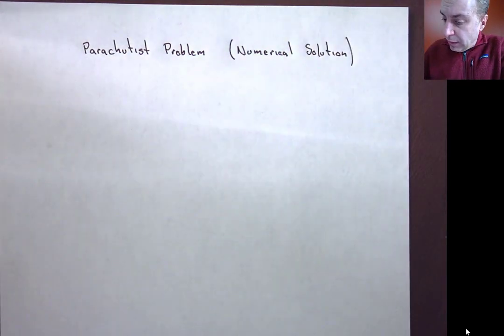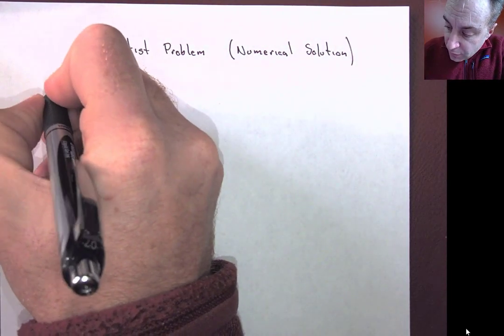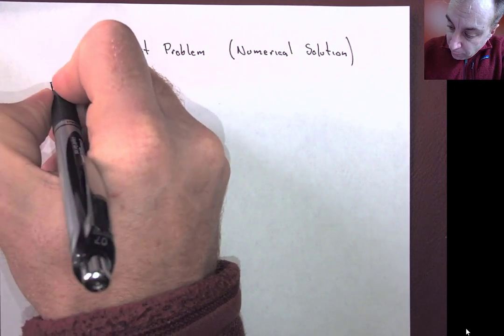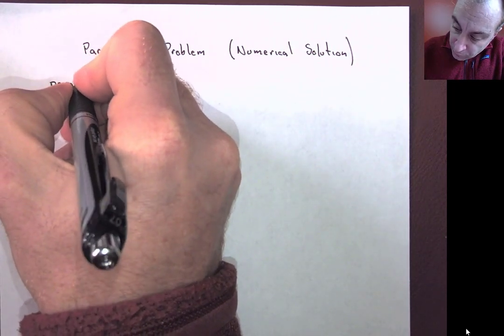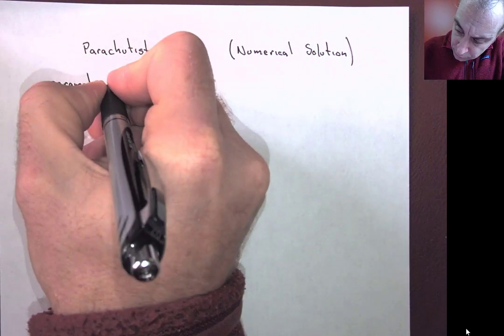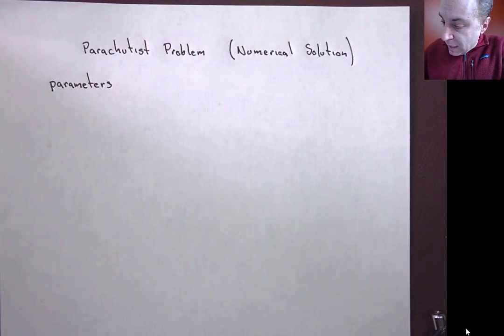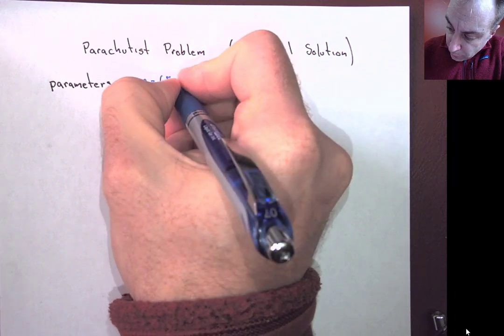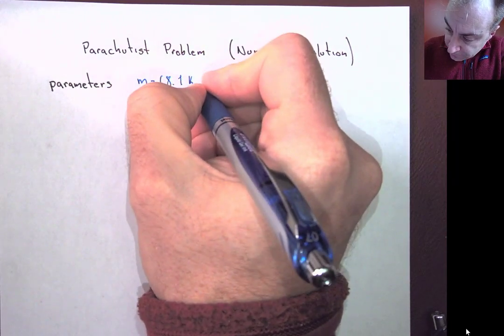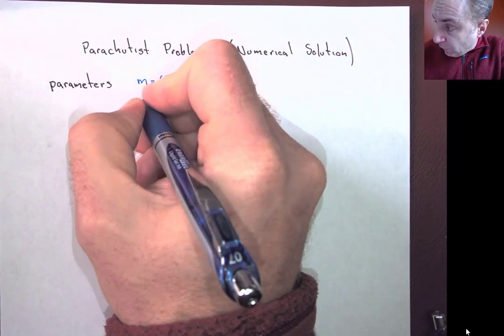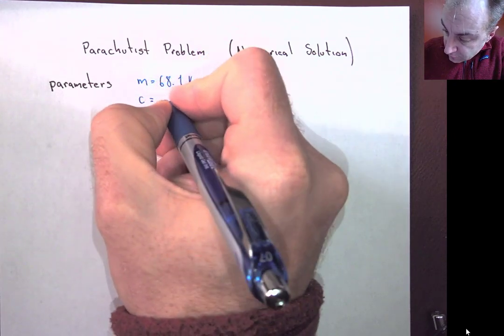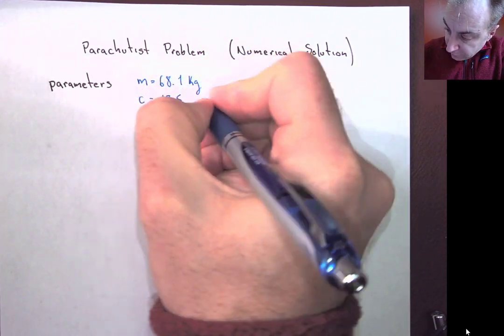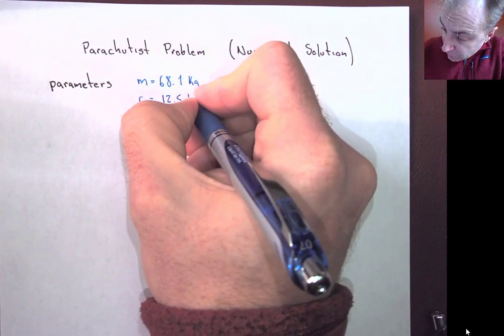Okay, so what we know is the parameters of the problem. We have mass, which is 68.1 kilograms. We have the coefficient of drag, that is 12.5 kilograms per second.